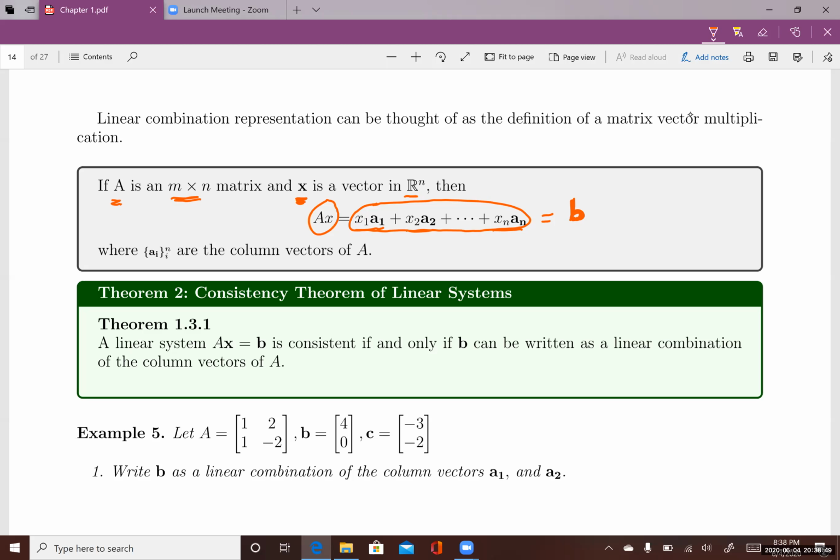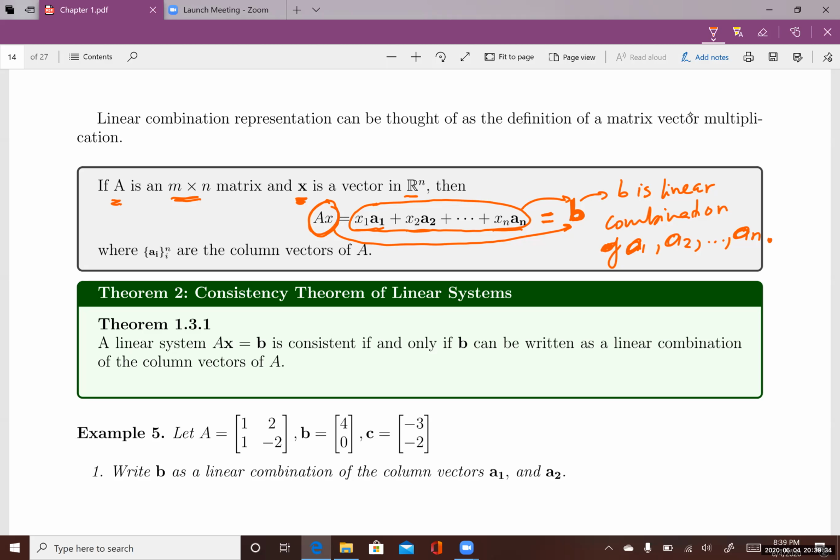Okay, then you will have the system of equations Ax equals B. All right. If the vector B equals x1A1 plus x2A2 plus xnAn, that means B is a linear combination of column vectors A1, A2 to An. Keep in mind, with the weights of x1, x2 to xn. Okay.